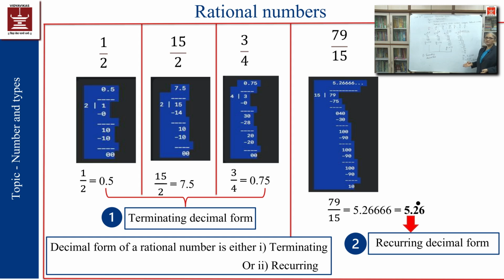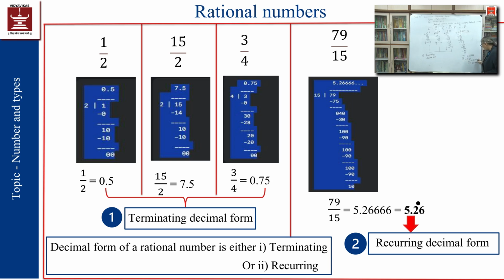We are going to consider a few more examples where a group of numbers may appear over and over again. Whether a single digit is recurring or a group of digits is recurring, it will be called recurring decimal form. And the recurring decimal form is obviously non-terminating. Does it come to an end?